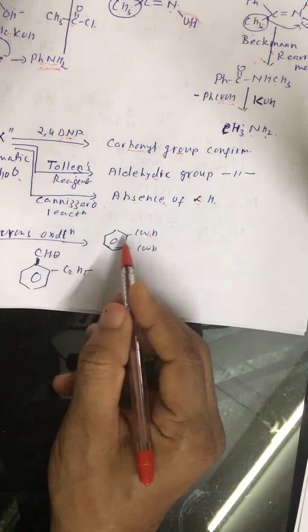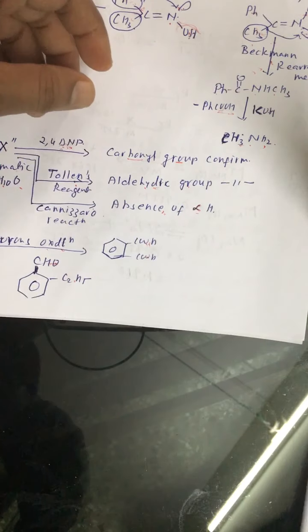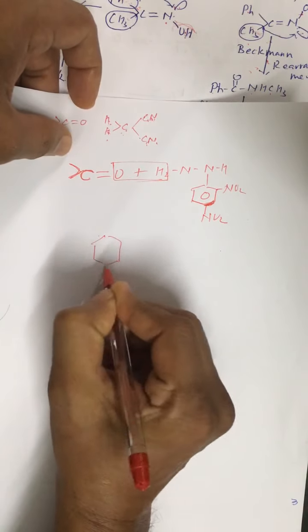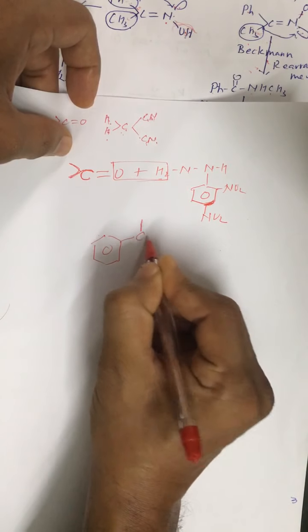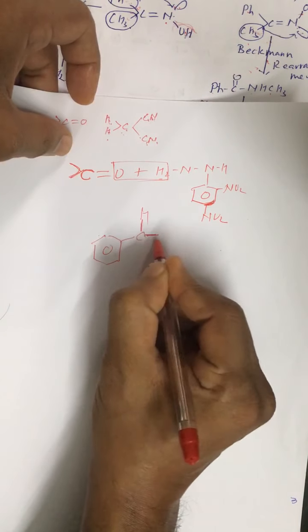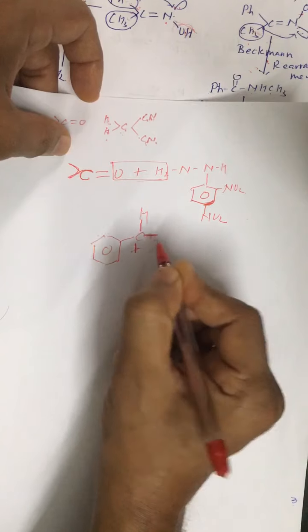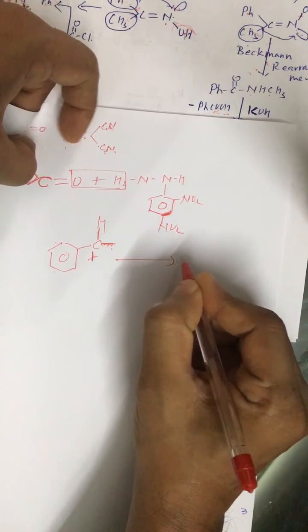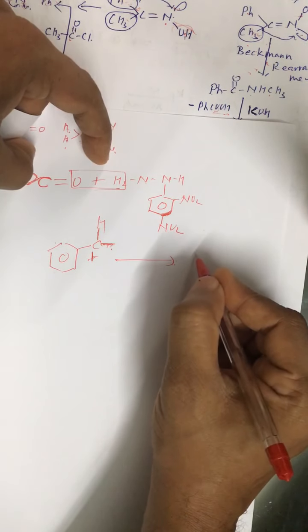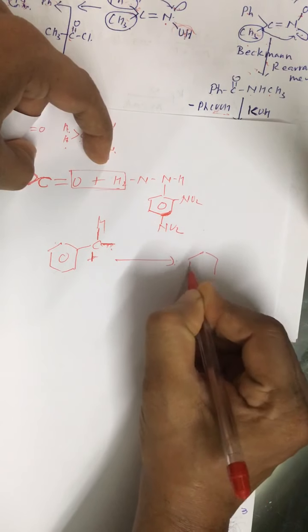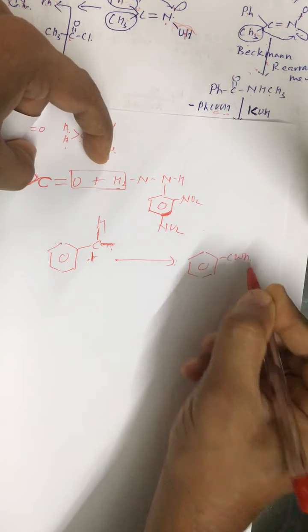And now finally, on vigorous oxidation, any compound having a benzylic CH, benzylic CH is this one. Whatever group is present, if it is oxidized by normally KMnO4 or K2Cr2O7 etc., we finally get COOH.